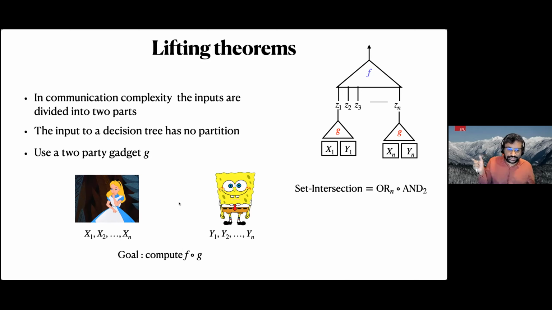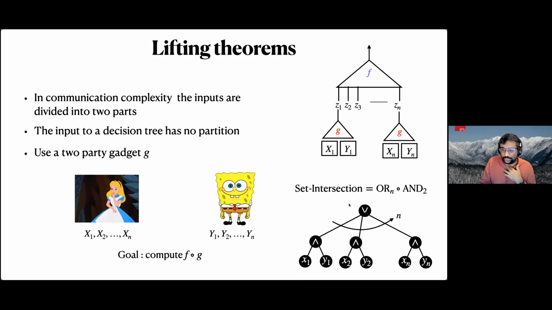In set intersection, Alice is given a bit string x1 to xn, and Bob is given a bit string y1 to yn, and they want to know if there's any index i where both xi and yi are 1. If you think of these inputs as representations of sets, that means that if xi and yi are both 1, then i belongs to the intersection of the set represented by x and the set represented by y.